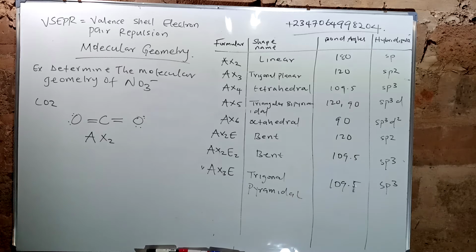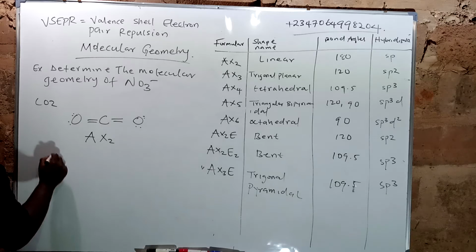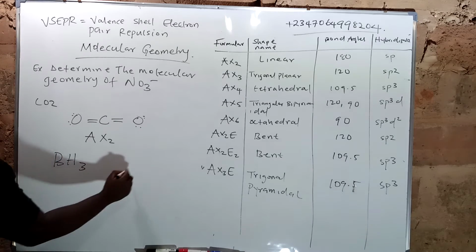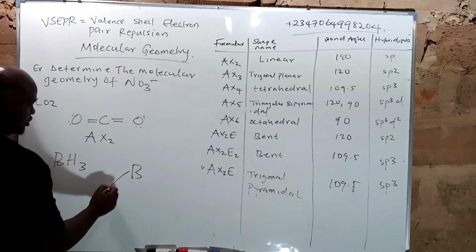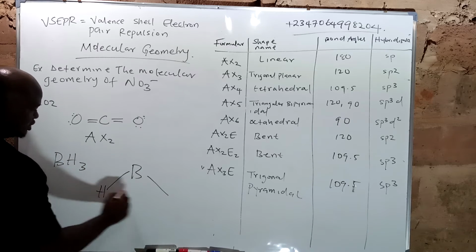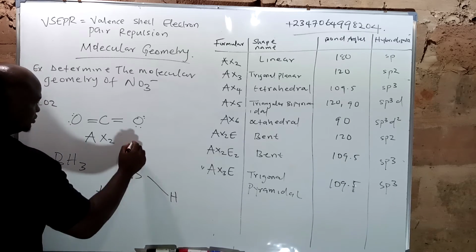So this is so easy. Once you can draw the Lewis structure, there's no compound that they will bring for you that you cannot answer. Now, what if you have BH3? Boron is the central atom here, with hydrogen, hydrogen, and hydrogen.